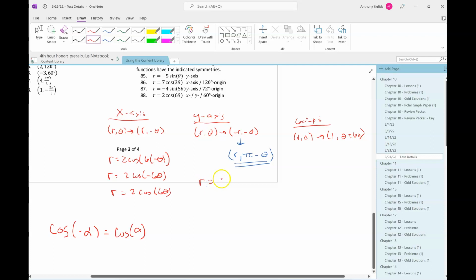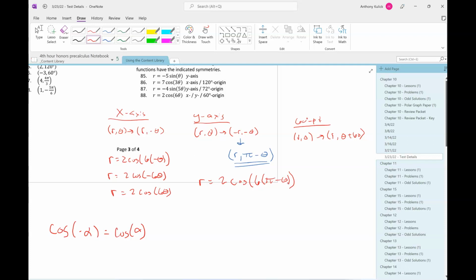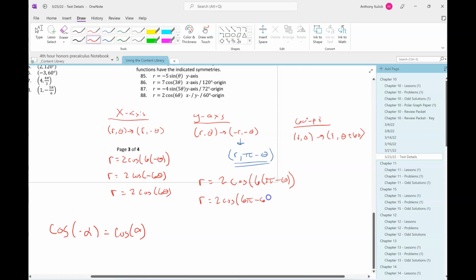Yeah, a little bit. Okay. And so if I multiply the 6 through, there's that. And then I'm going to use the sum or difference formula for cosine.